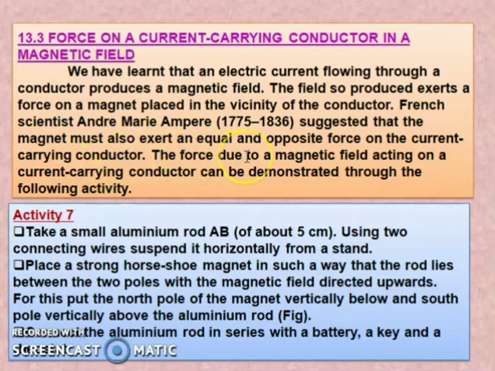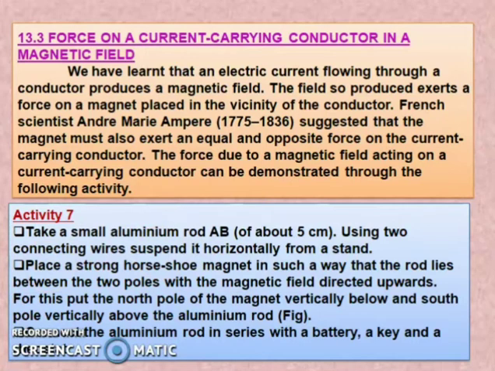The force due to the magnetic field acting on the current carrying conductor can be demonstrated using the following activity. Using this activity we can see the force due to a magnetic field acting on a current carrying conductor. Activity 7: take a small aluminium rod of about 5 cm and, using a conducting wire, suspend it horizontally from a stand.